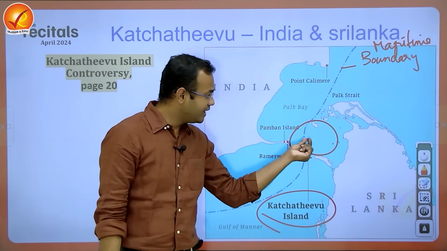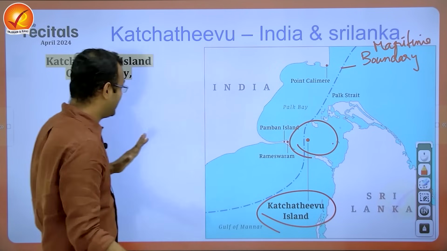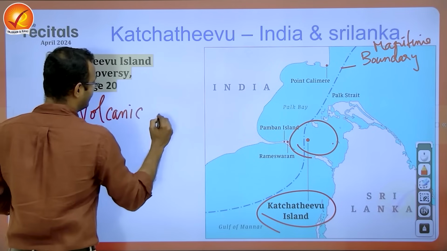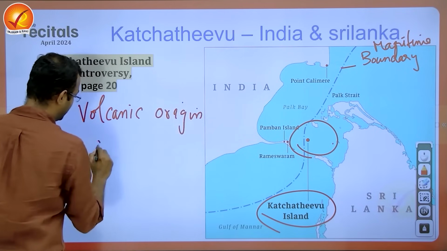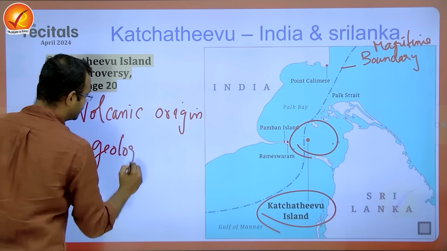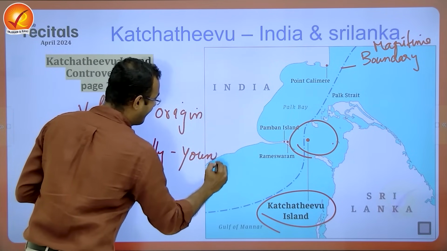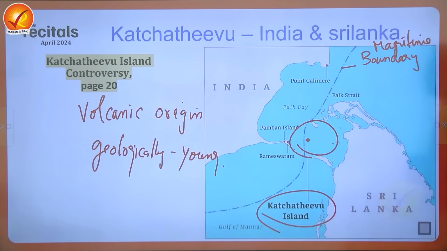The red spot indicates the Katchatheevu Island, which is an uninhabited island, most importantly from the geographical point of view, an island of volcanic origin. If you have to speak geologically, it's a young volcanic island, formed due to volcanic activity, and geologically young. This is an uninhabited island.